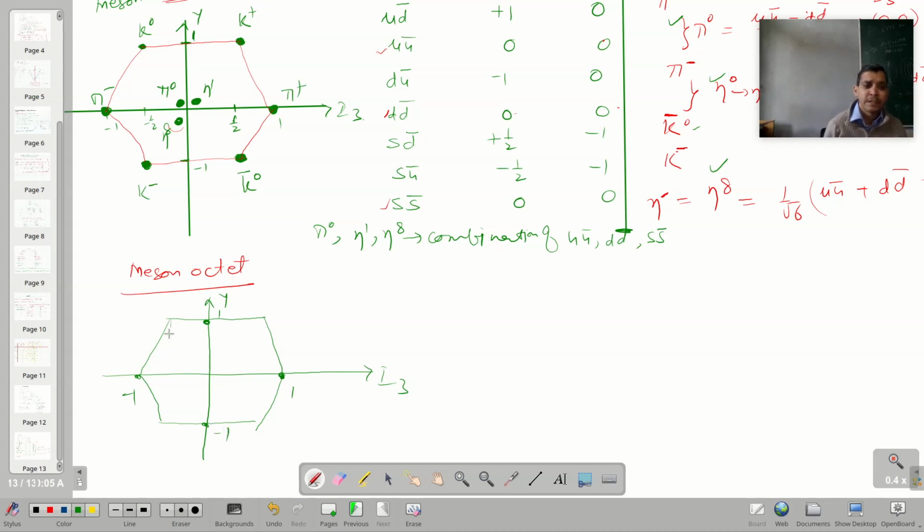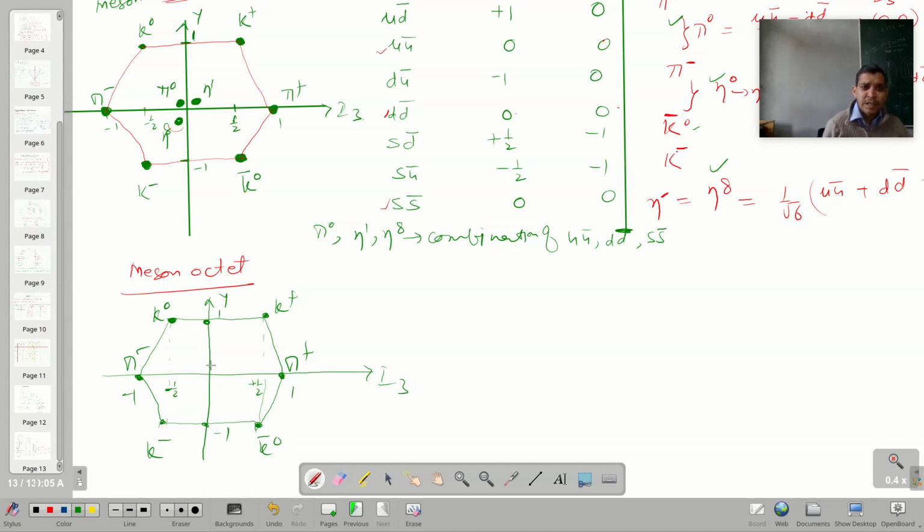And here it corresponds to -1 by 2, and it is plus 1 by 2, right? So in the octet form we will represent only these points, as we have seen in the above case. So it is K minus and it is K naught bar.